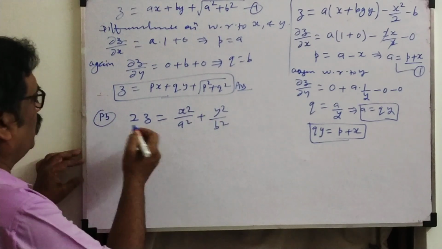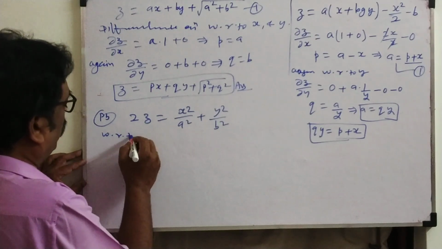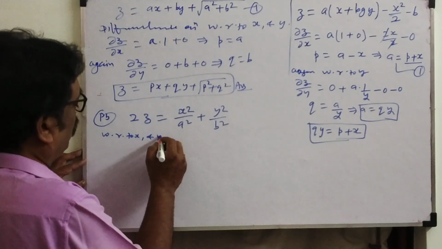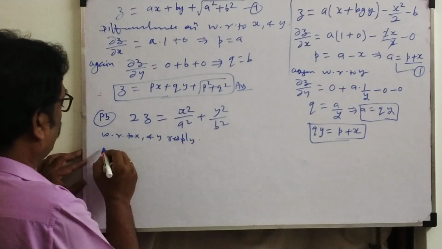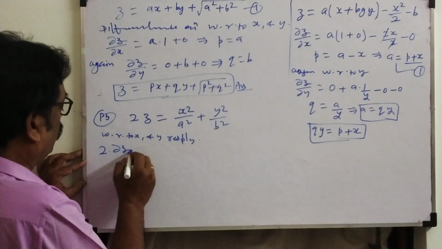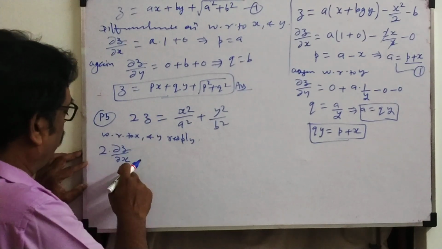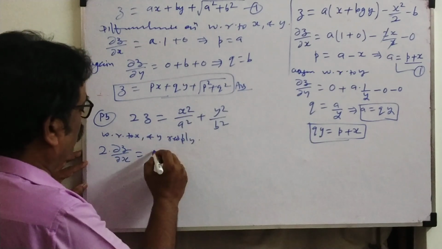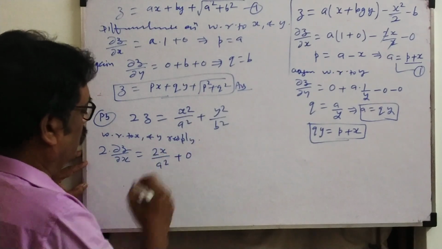Similar method will go: differentiate these equations with respect to x and y respectively. Okay, respectively. So 2 dou z by dou x we can write now. X square gives 2x by a square plus 0.